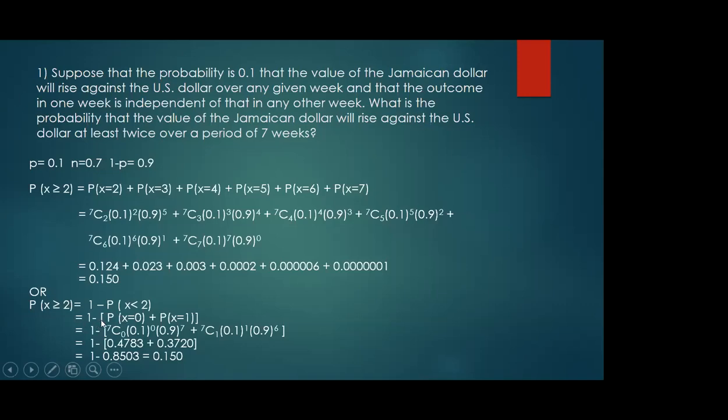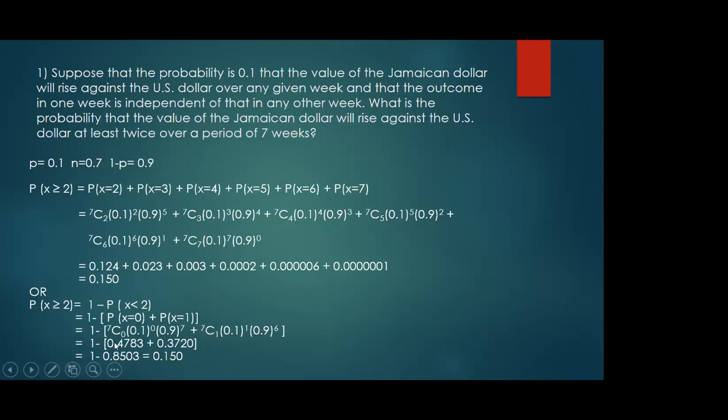So we get the probability that x is greater than or equal to 2 is equal to 1 minus the probability that x is less than 2, which is 1 minus the probability that x is equal to 0, 7 choose 0 times 0.1 raised to 0 times 0.9 raised to 7, plus the probability that x is equal to 1, which is 7 choose 1 times 0.1 raised to 1 times 0.9 raised to 6.